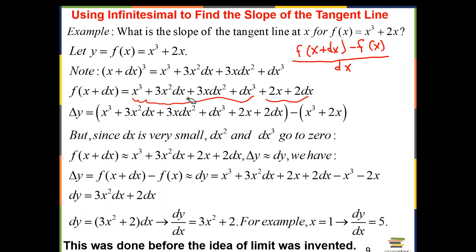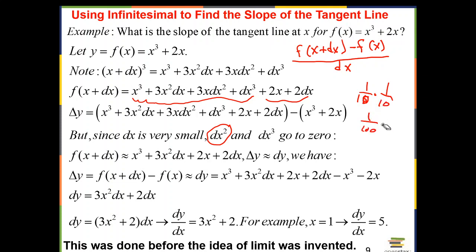What they argued is that if we assume dx is really, really small, so small that you can't even measure it, then dx squared would be even smaller. Remember, if you have a small fraction, let's say 1 over 10, and you multiply it by 1 over 10, you get 1 over 100.